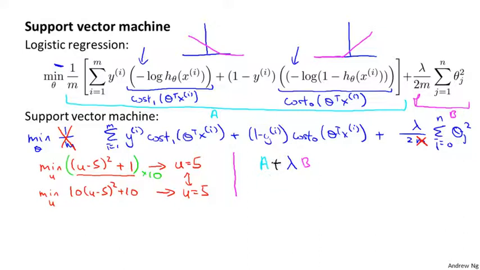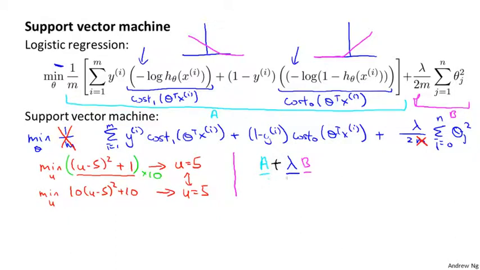By setting different values for the regularization parameter lambda, we could trade off the relative weight between how much we want to fit the training set well, that is, minimizing A, versus how much we care about keeping the parameters small, that is, B. For the support vector machine, just by convention, we use a different parameter.